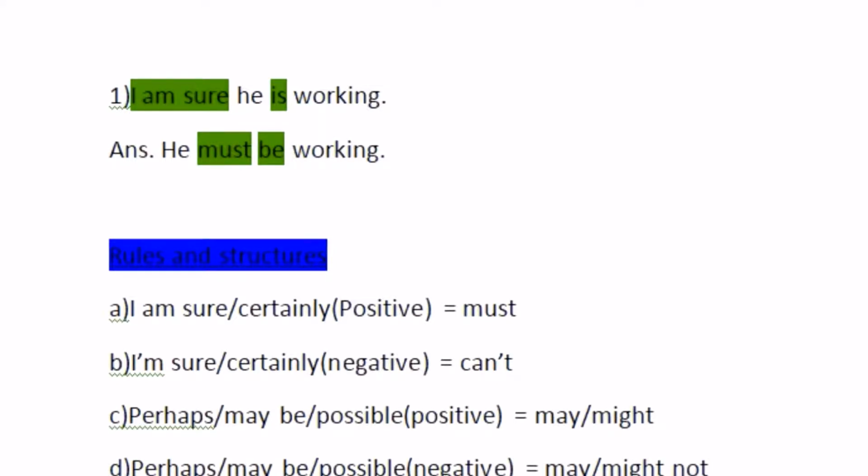Now let's talk about some additional rules. I told you, I'm sure positive is equal to must. But what about this be? It is equal to be. But this is not the only rule. There are other rules as well.